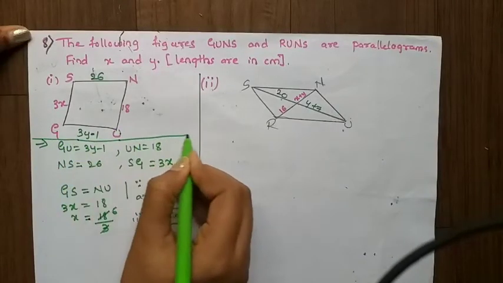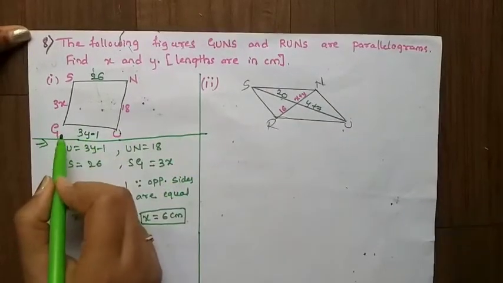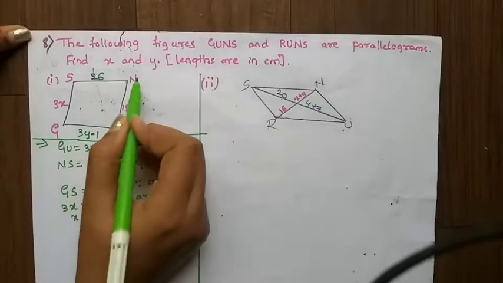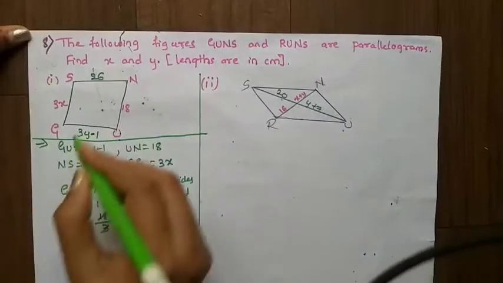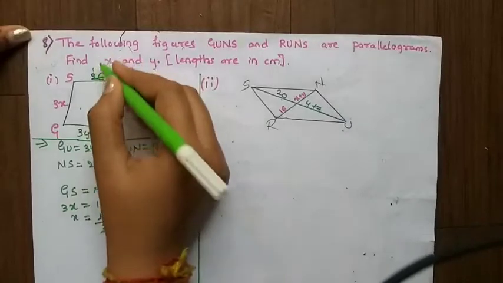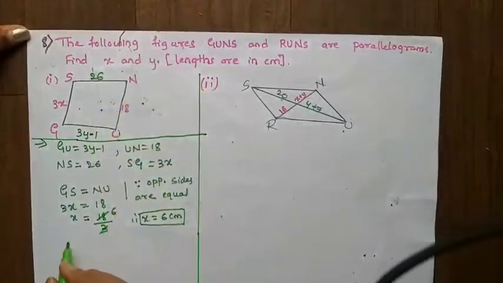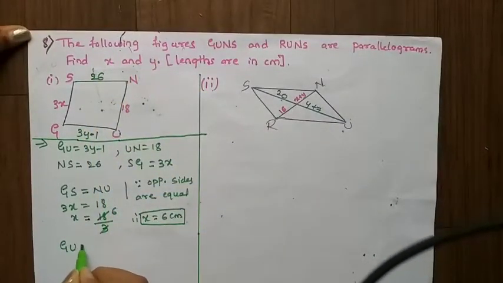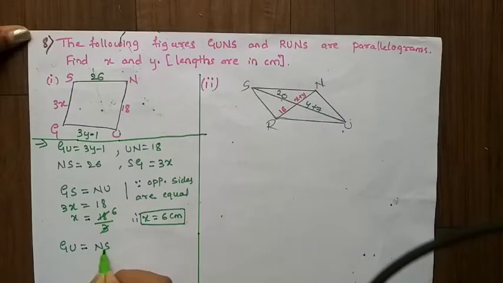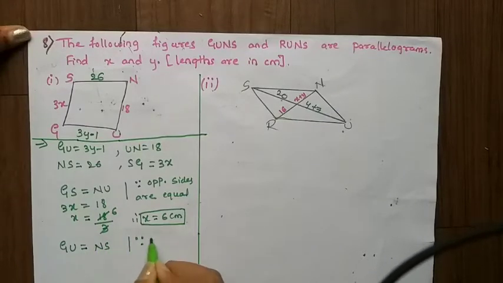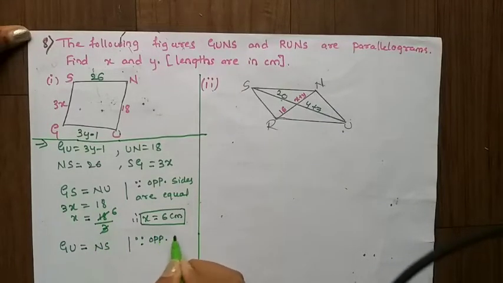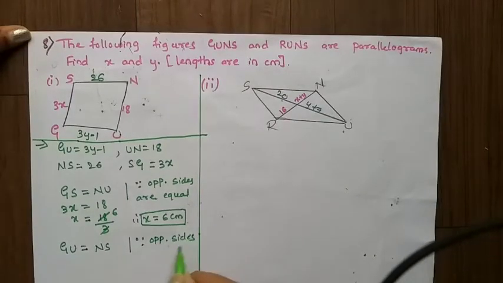Next we have one more pair of sides, GU and NS. These two are opposite to each other and they are equal. So GU is equal to NS, again because opposite sides are equal.